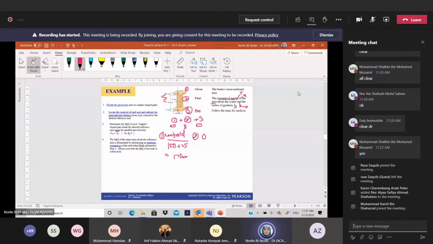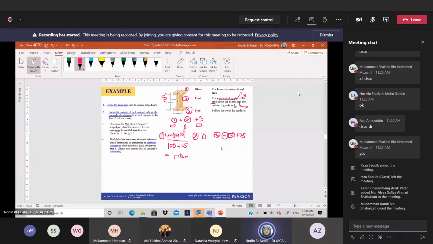The centroid for number 3 is at the bottom, so it will be negative 150 plus 25. The negative is just a direction. It's not a minus, okay? So it will be negative 175 mm, because the length is 150 and 25. Negative is the direction at the bottom.